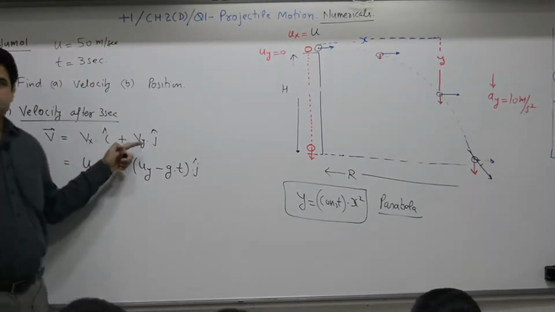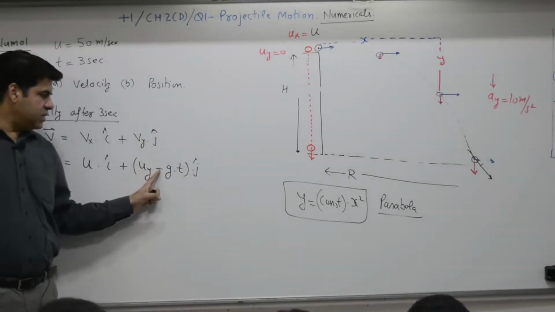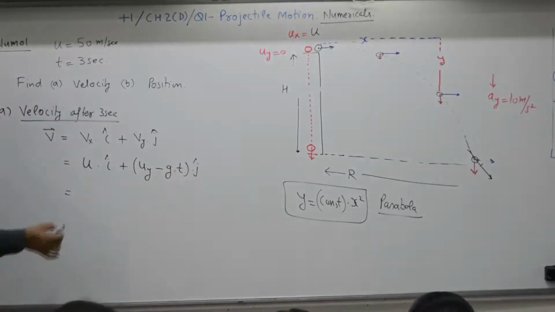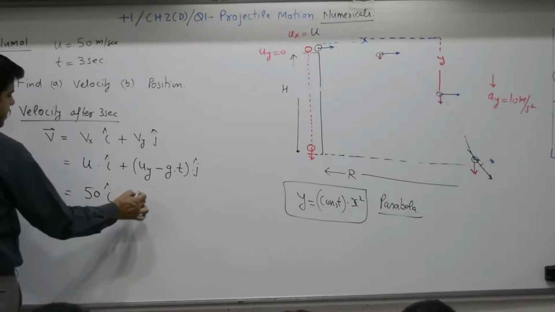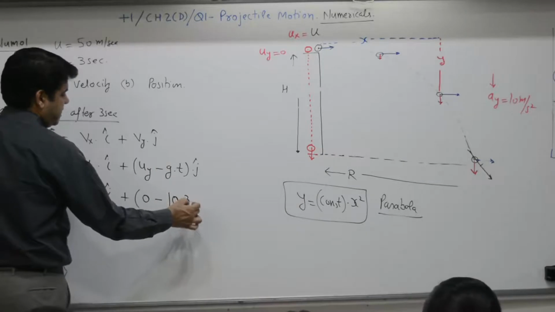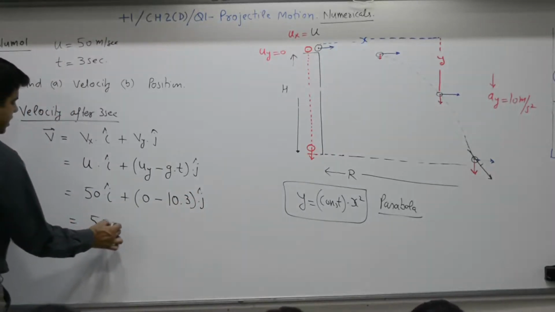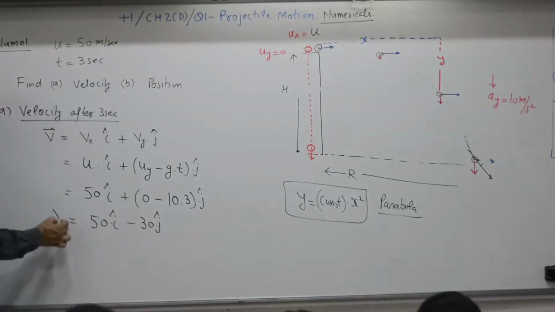Why this formula? V is equal to u plus at along y-axis, uy plus ay into t. Ay is equal to what? Minus g. U is equal to how much? 50. Uy is 0. G is 10. T is 3. So what you get is 50i minus 30j.